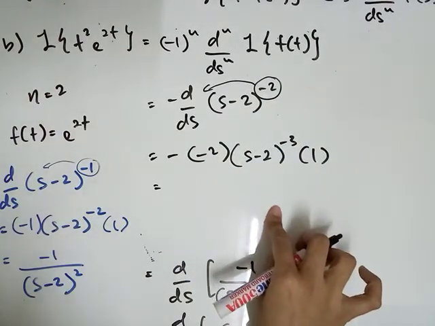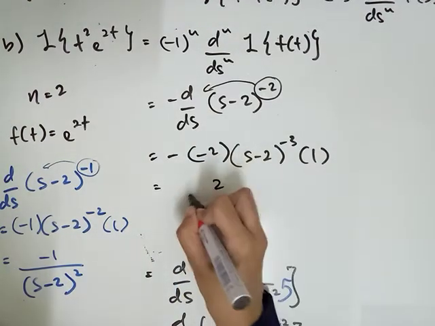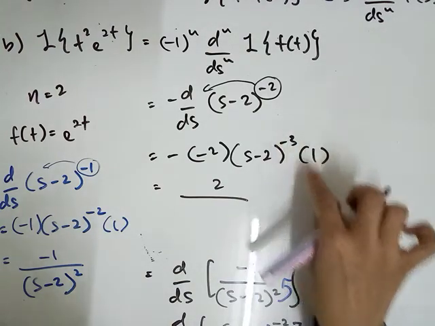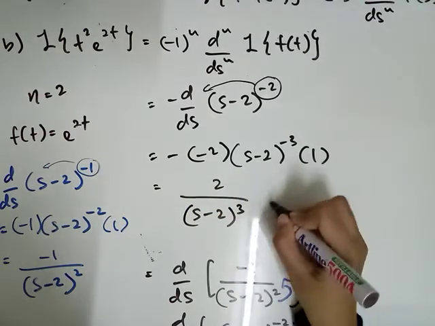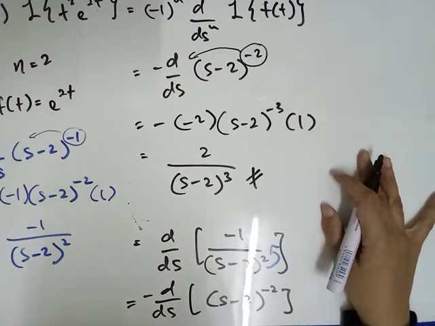Okay, and then negative times negative, it should be positive 2 over s minus 2 power -3. We need to bring to the bottom, s minus 2 power 3. So this is the answer. Alright, can you understand?